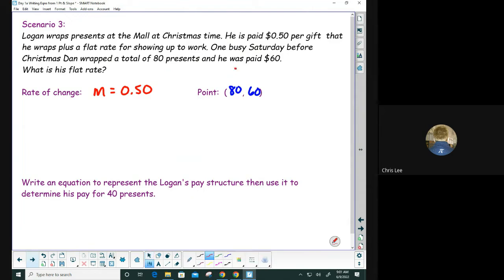You see how this is kind of like time and money again, except instead of calculating time in minutes, we're calculating time in number of presents. Every present goes along, you get money for that. So we know part of the equation already. What's the part of the equation we know?